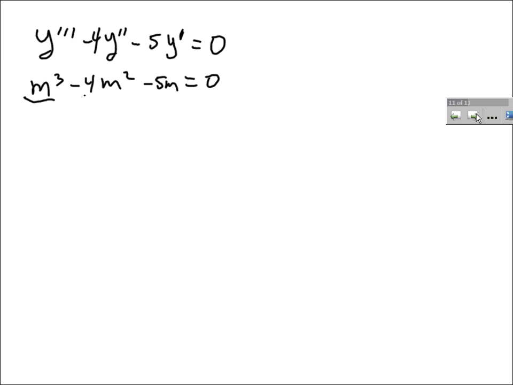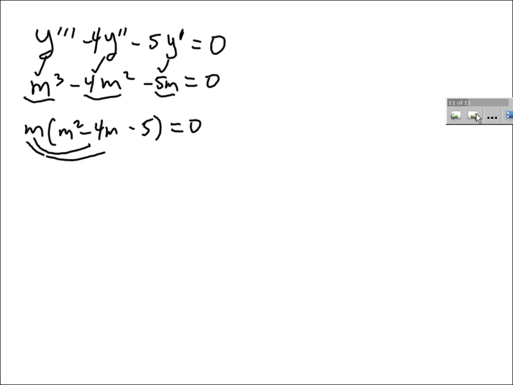All of these terms have an m in them. I can factor it out. M times m squared gives me that. M times -4m gives me that term. And m times -5 gives me -5m. And that's 0.